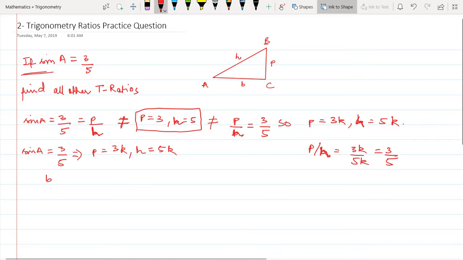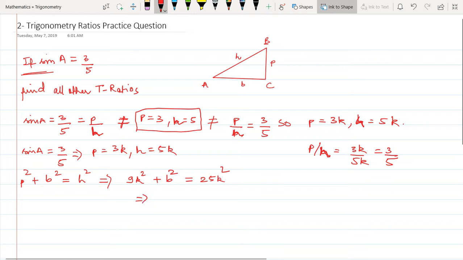Now I know that p square plus b square is equal to h square. This implies that p square is equal to 9k square, and b square is what I have to find, and h square is equal to 25k square.